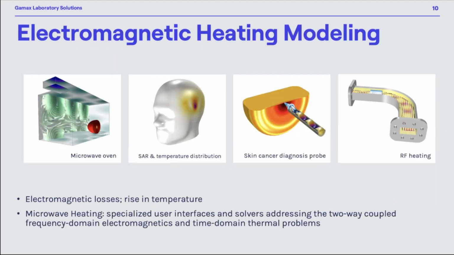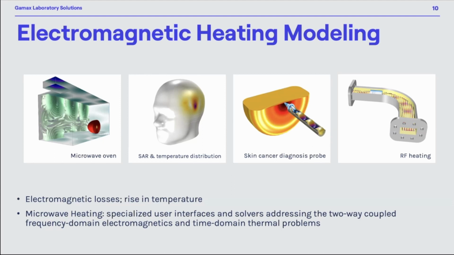And as we mentioned earlier, there are very few cases where these applications stand alone with a single physics model. Most of the time there is some sort of heat generated, temperature rise. So that can be included, whether you are dealing with a human head in an MRI application or with RF heating and Joule heating applications.